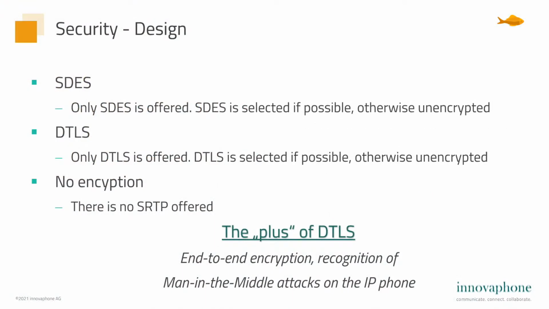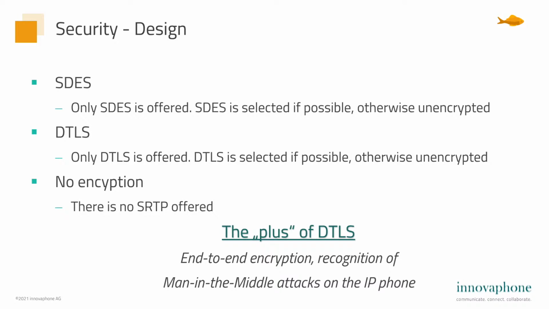And like Jeremy said, DTLS is the better choice because it's end-to-end encryption. DTLS-SRTP is also the better choice because nowadays we often use browser technology, WebRTC, and WebRTC uses this DTLS-SRTP protocol, so you know that your browser technology can communicate with the phones.